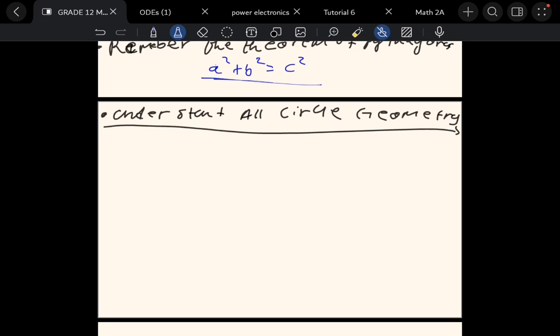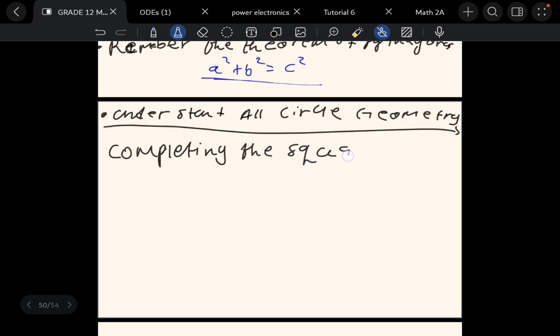Alright. Now I'm just going to do a problem here. Completing the square. Right, I'm going to complete the square.